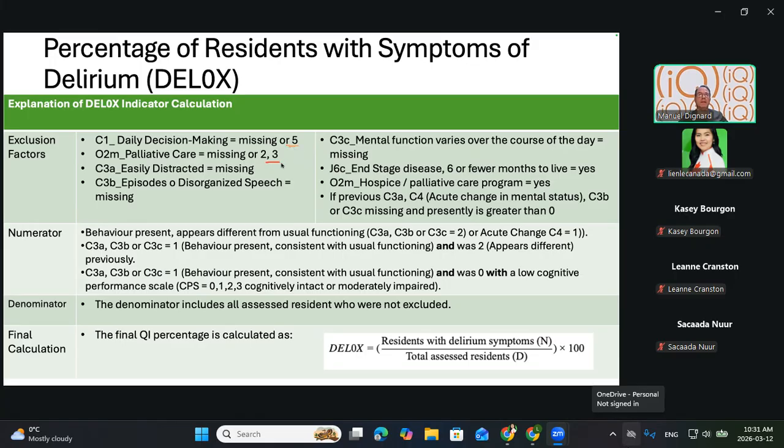If you're palliative, if data is missing, if you're end stage disease, hospice care, and then if your previous data is missing and your present is greater than zero, they're going to exclude you.